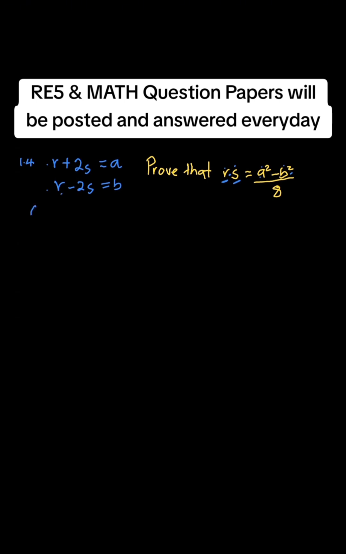Let's try that. We say (R plus 2S) plus (R minus 2S) is equal to A plus B. So we are adding these equations.